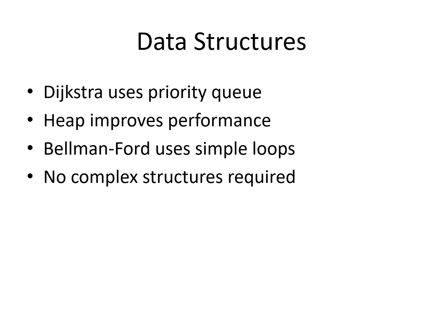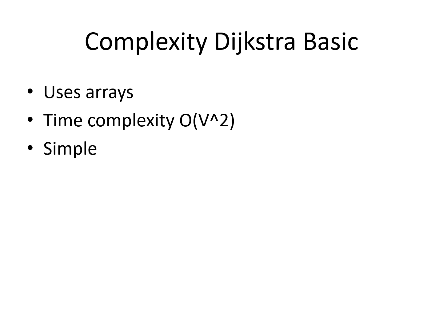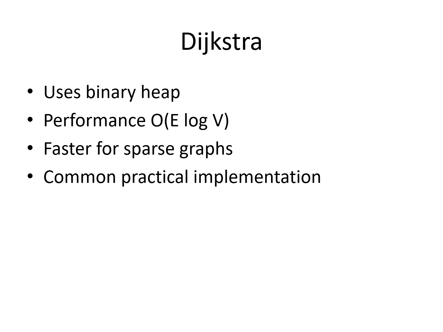The heap in Dijkstra improves its performance. Basically, with arrays, Dijkstra has a time complexity of O(V squared), and it is simple. With a binary heap, the time complexity is O(V log V), which is a common implementation.